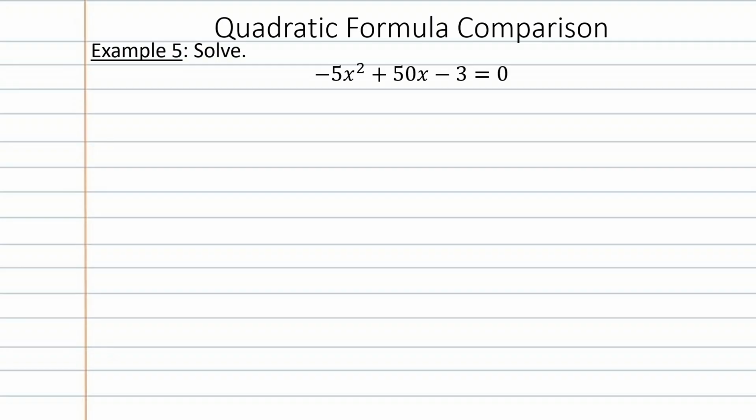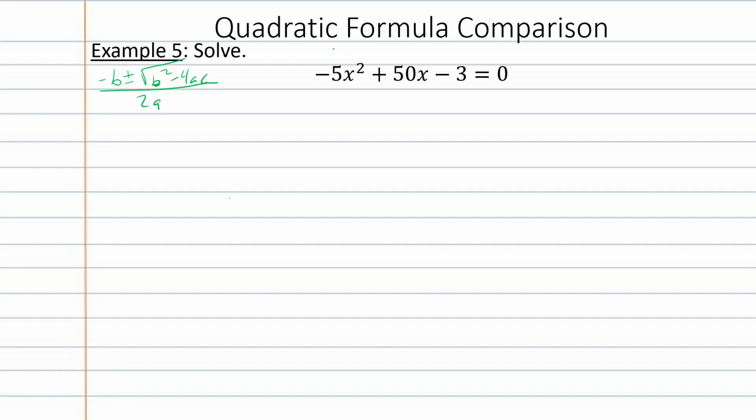Now this says the quadratic formula comparison. Here it says we want to solve negative 5x squared plus 50x minus 3 equals 0. Now, if I were to do the quadratic equation, it would be negative b plus or minus the square root of b squared minus 4ac all over 2a.